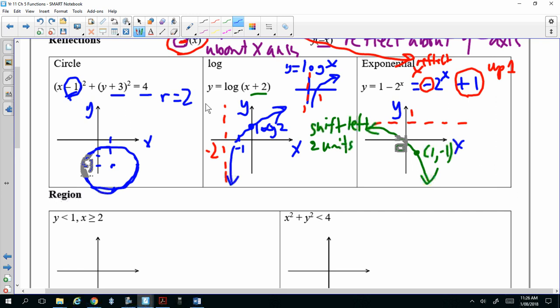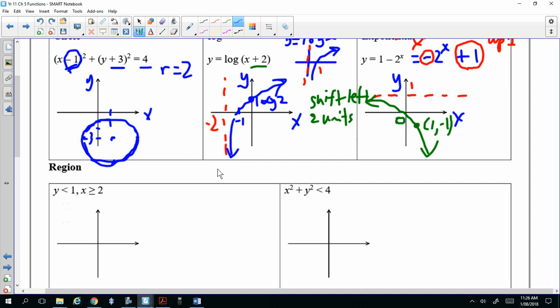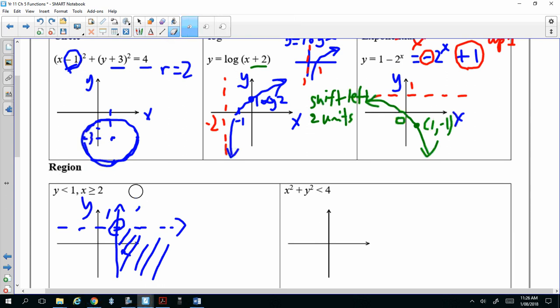Okay, good. Let's go through the region bit. Regions are pretty easy. Y less than 1, X more than 2. So you're going to shade on the right with an open circle here. Like that, yeah. That's cross that too. Okay, so shade regions. And this is a circle. 2.